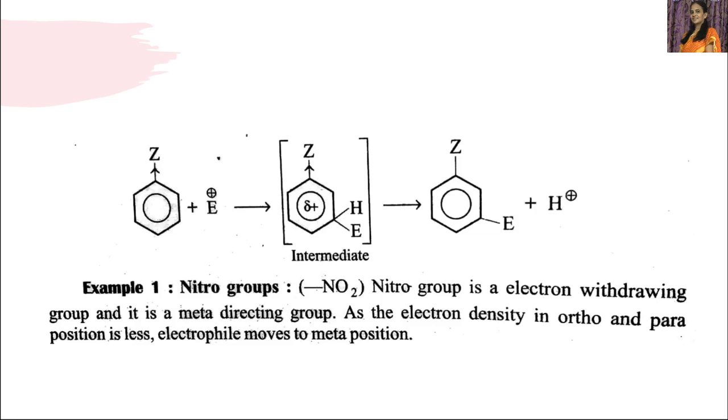Now, first of all, let's discuss the nitro group, which is a meta directing group. Nitro, NO2, is an electron withdrawing or electron attracting group. And it is a meta directing group, as the electron density in ortho and para positions is less. Therefore, the electrophile has to go to meta position.